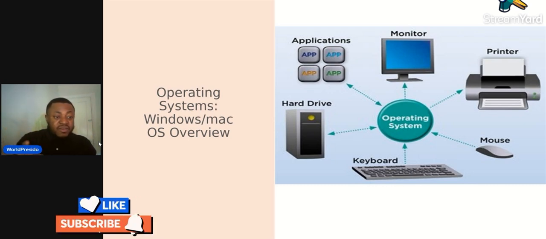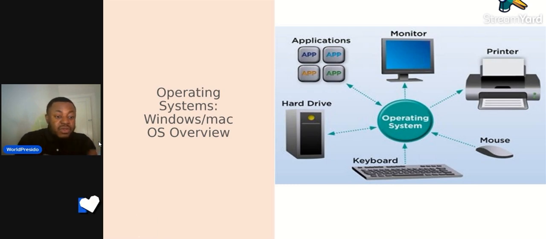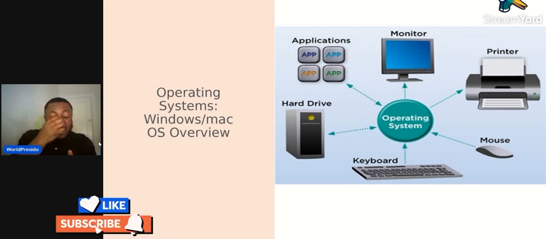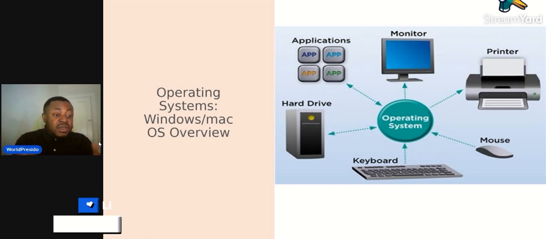And there are different kinds of operating system. We have the Windows operating system for Windows computers, we have the Mac operating system for the MacBooks, the iPads, Apple products, to be sincere. Then we have Ubuntu. There is this other operating system called Ubuntu. It is widely used because it is cheaper to use.